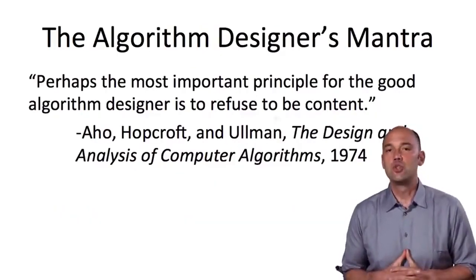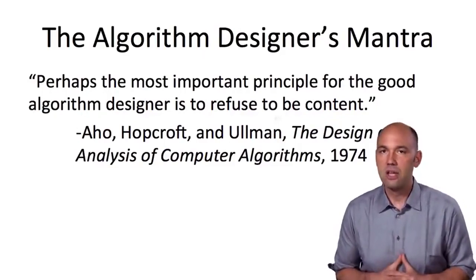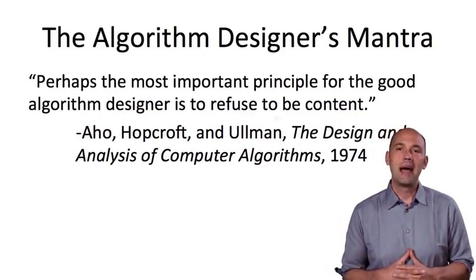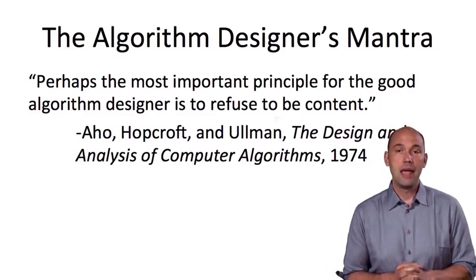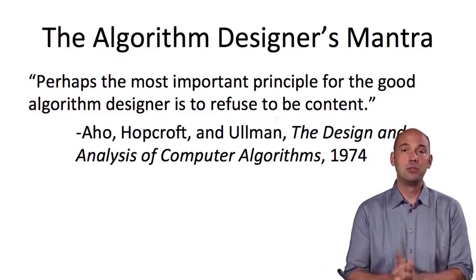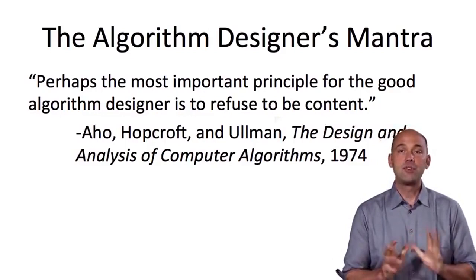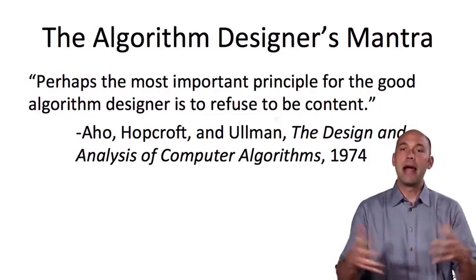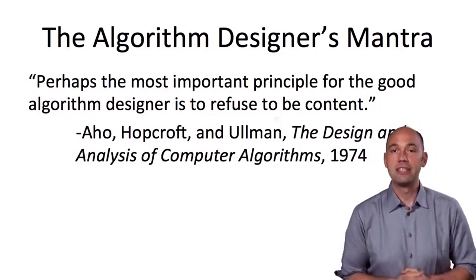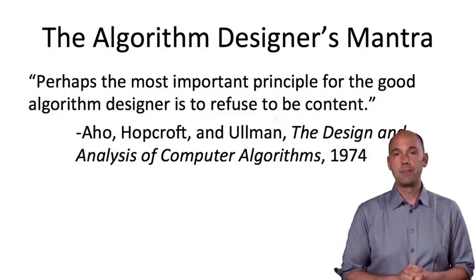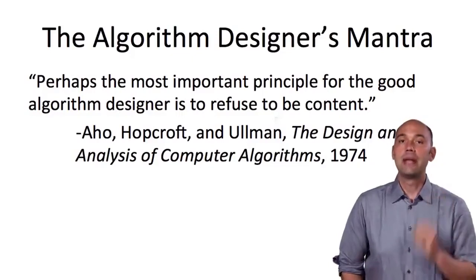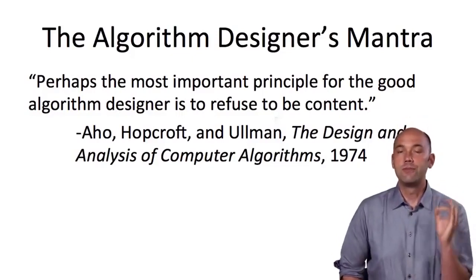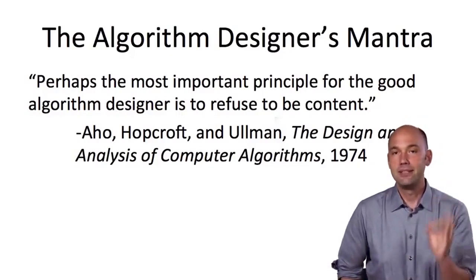An early and extremely important textbook on the design and analysis of algorithms was by Aho, Hopcroft, and Ullman. It's about 40 years old now. And there's the following quote, which I absolutely adore. So after iterating through a number of the algorithm design paradigms covered in the textbook, they say the following: perhaps the most important principle of all for the good algorithm designer is to refuse to be content.